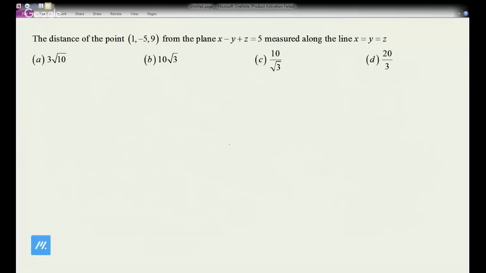Okay, so distance of the point from plane measured along x equal to y equal to z. Can you see again? This is a repeated problem. I should not say repeated problem, it will be better to say repeated concept. But why am I saying repeated problem? Because almost the same thing is there. Entire question revolves around the same stuff.